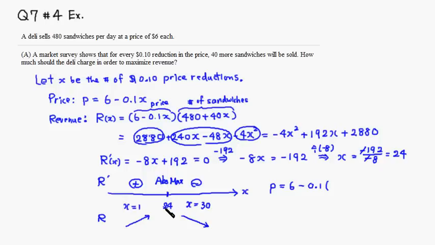We just found that x equals 24 will maximize the revenue, so plug in 24. So this is going to be 6 minus 2.4, which is 3.6, which means that the best price would be $3.60.